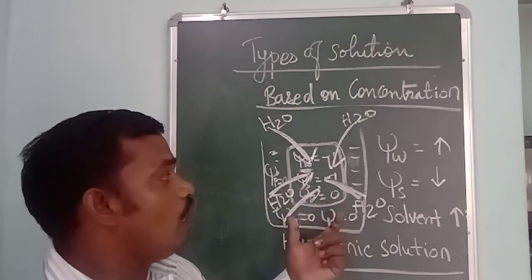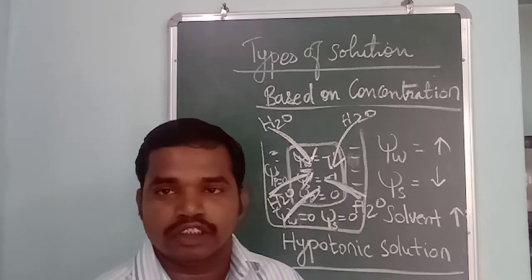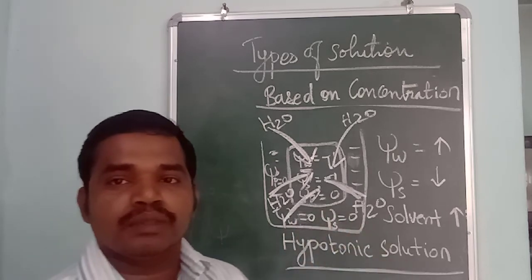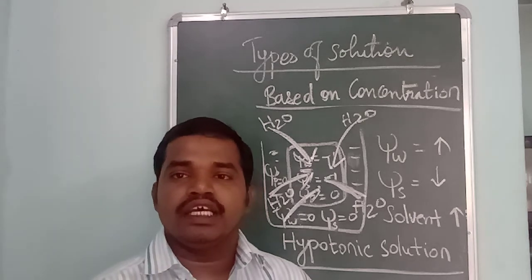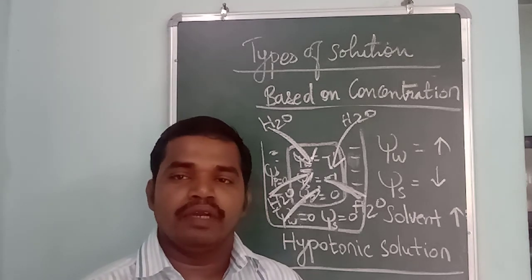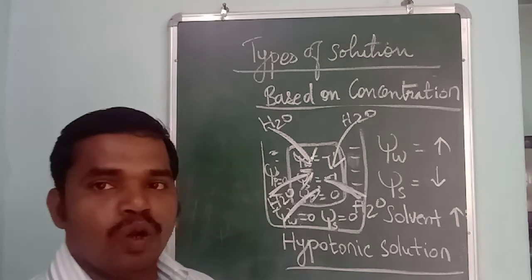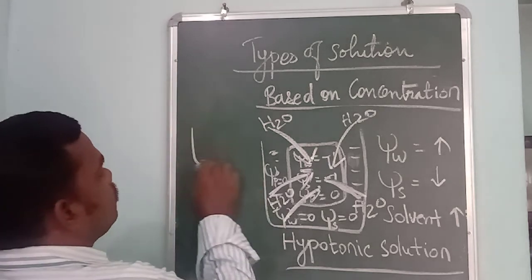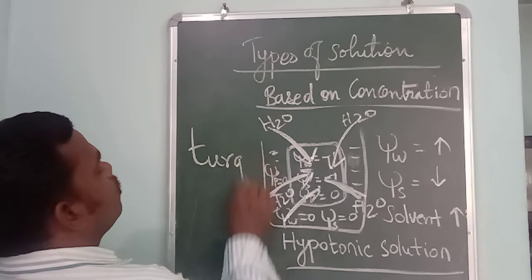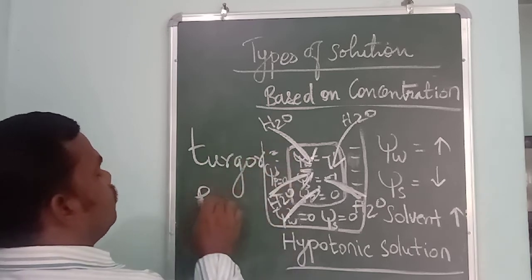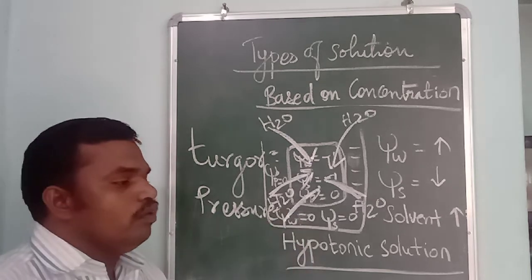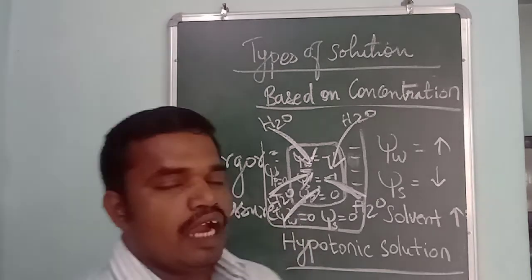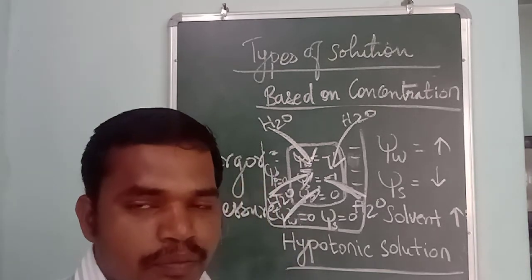Due to the absorption of more water, the cytoplasmic content gives pressure against the cell wall. The pressure given by the cytoplasm is known as turgor pressure.